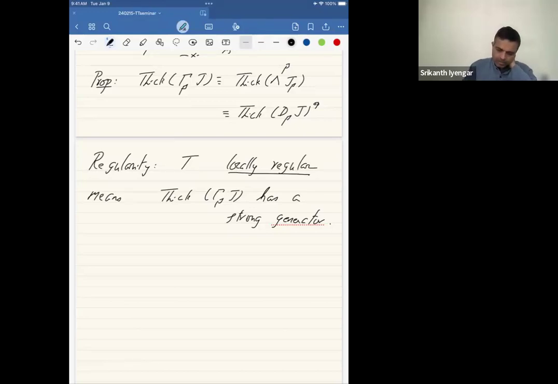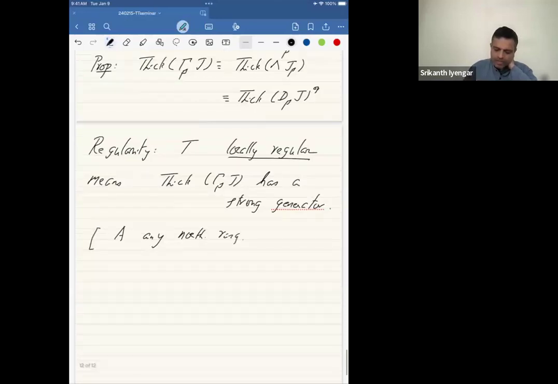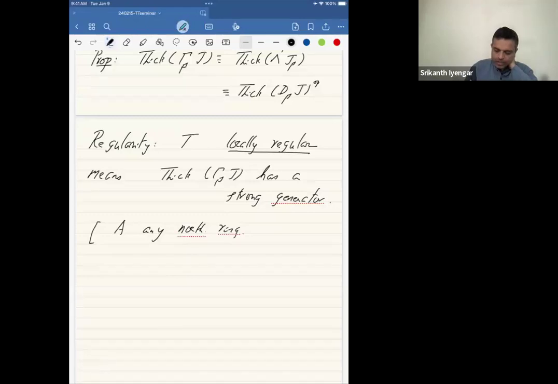So this is then our notion of what it means for a triangulated TT category to be locally regular. And given this equivalence, you can of course express local regularity either in terms of the completion of the generator or a Brown-Comenetz dual of the generator. I should have made this comment earlier: for any Noetherian ring, not necessarily commutative, the global dimension of A is finite if and only if the perfect complexes have a strong generator, and then A has to be a strong generator.